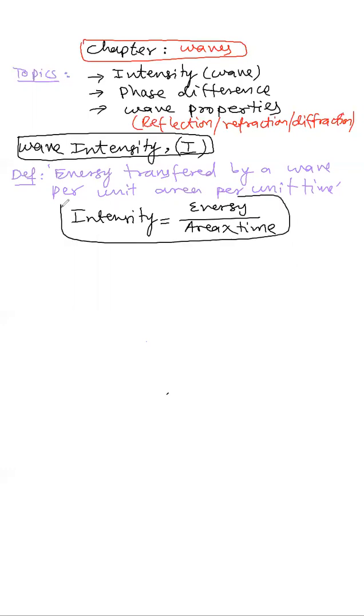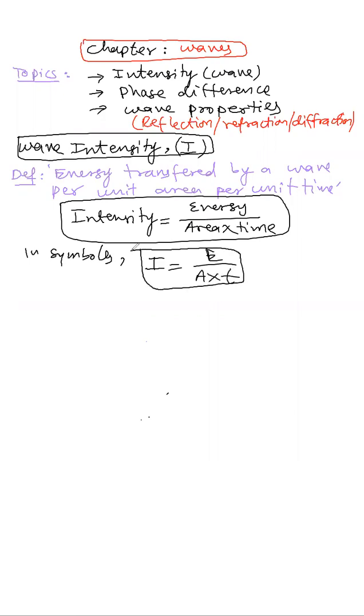So this is our main equation, and in symbols we can write it as I equals energy over area into time. If you talk about its unit, it will be joule per meter square per second. So this will be the unit of intensity.